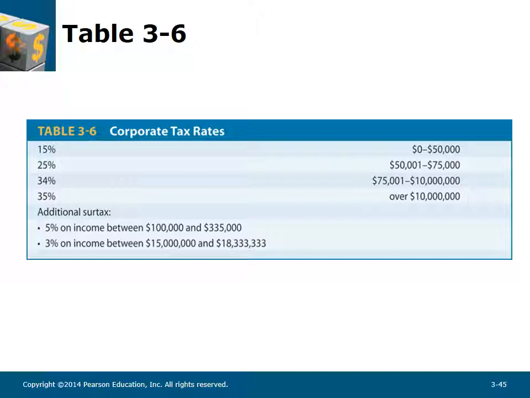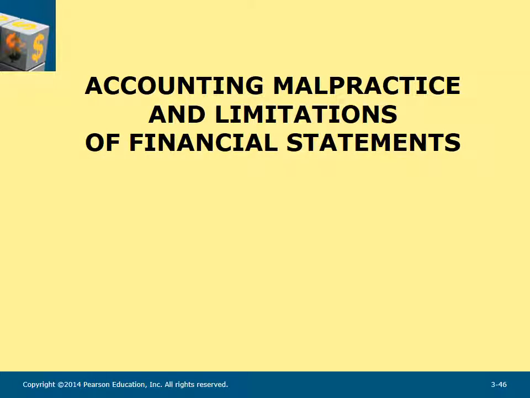So the first $50,000 of corporate taxable income is taxed at 15%. The next 25,000 is taxed at 25%. The amount above 75,000 to 10 million is taxed at 34%. So it all depends on where your taxable income lies as a corporation. Okay, so that's how we compute income tax.